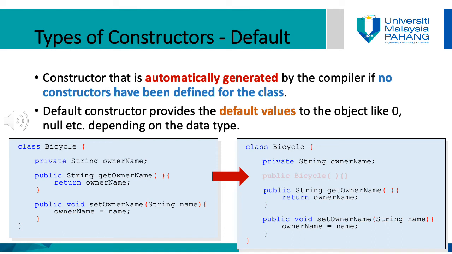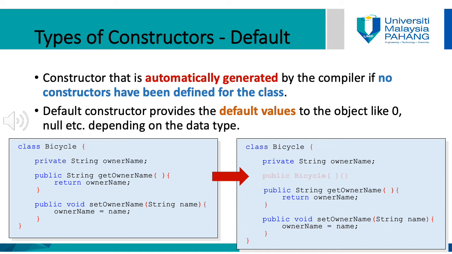This constructor is automatically generated by the compiler if no constructors have been defined for the class. So if you create a class and you did not define any constructor for your specific class, the compiler will automatically generate a default constructor for you.